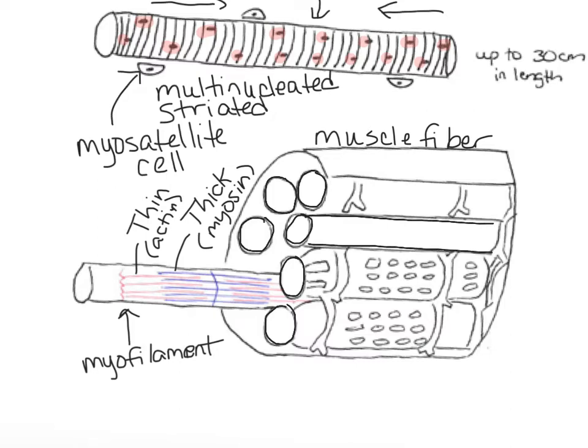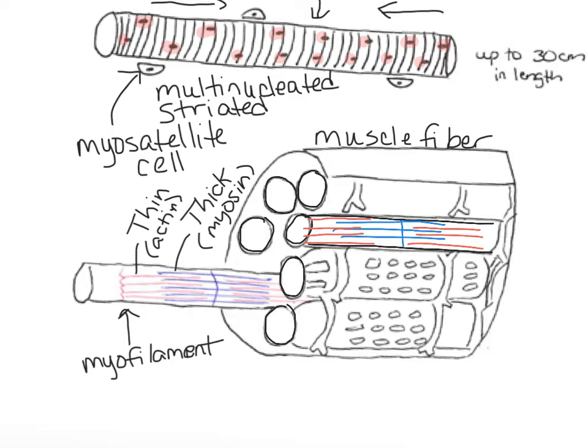They would have the thick filaments, and then they would have the thin filaments. And we're going to look more closely at those in just a couple more slides, okay? A couple more pictures. So each one of those has those myofilaments in them.